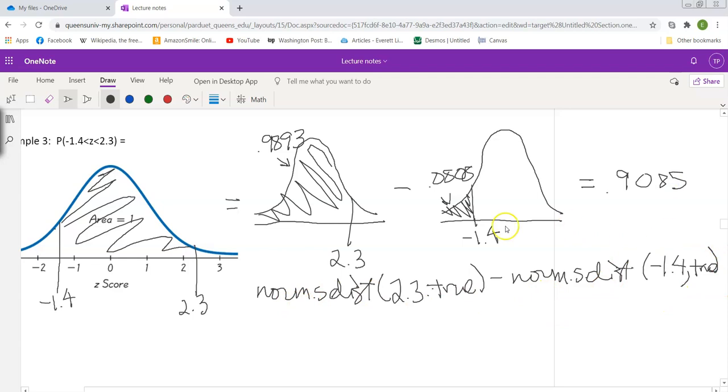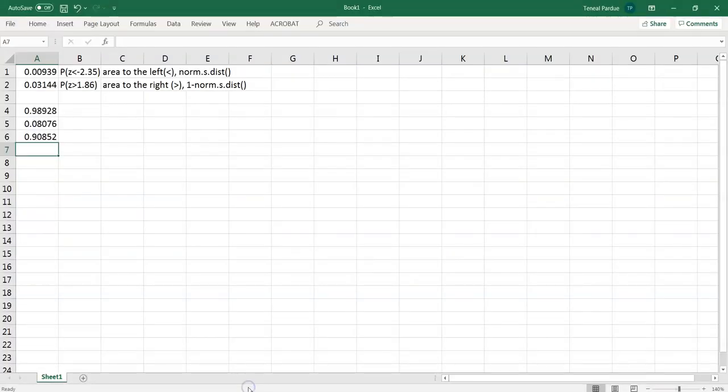Now I would put this directly in. While you're learning this, it's okay to do it in pieces, but I think it might even be easier, even now, to just type it in directly as the norm S dist minus norm S dist. So I would do it as norm S dist.